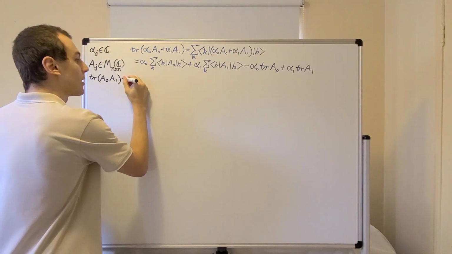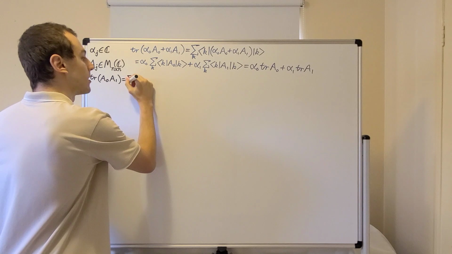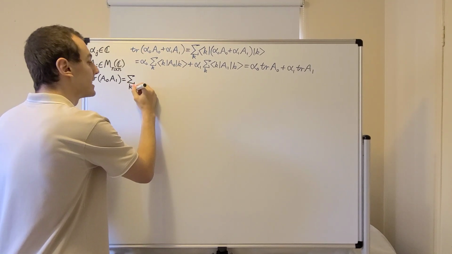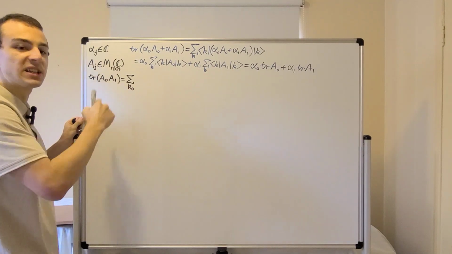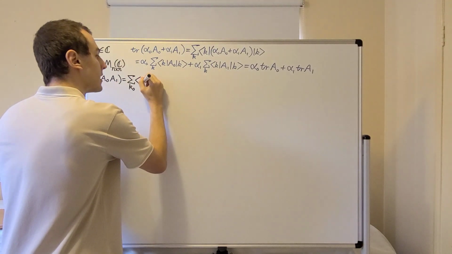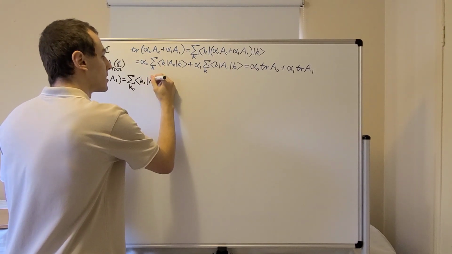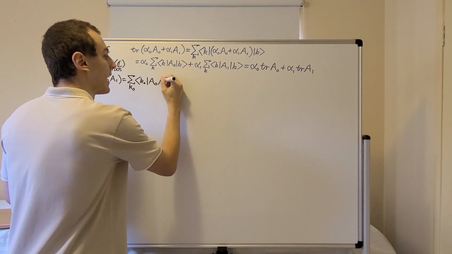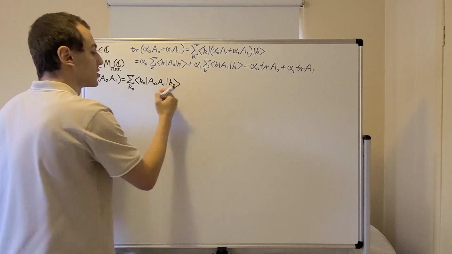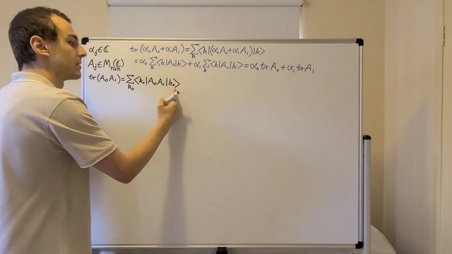Let's again write this out as a sum over some index, but now we're going to use index k0 because I'm going to be introducing another index as well. So we're going to sandwich this matrix product of A0 A1 in between this k0. Here we have a bra and then a ket.